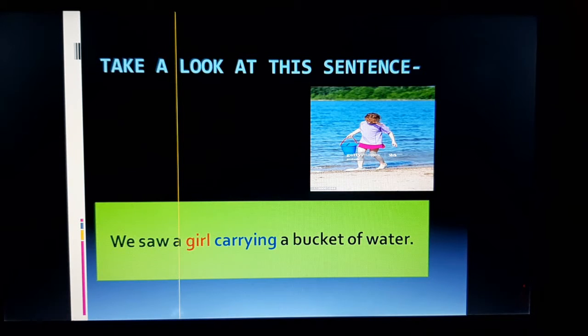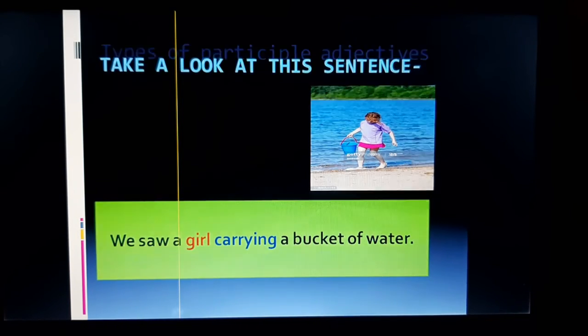Here we can see the blue colored word, carrying, which is qualifying the girl. The girl is our noun, which is in red color. So we can say that carrying qualifies the noun girl, thus it does the work of an adjective. It is formed from carry, which is a verb, but it is making an adjective, right?